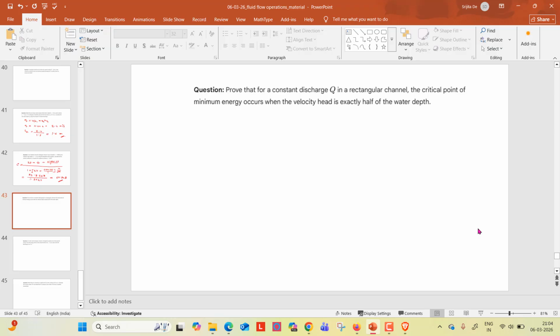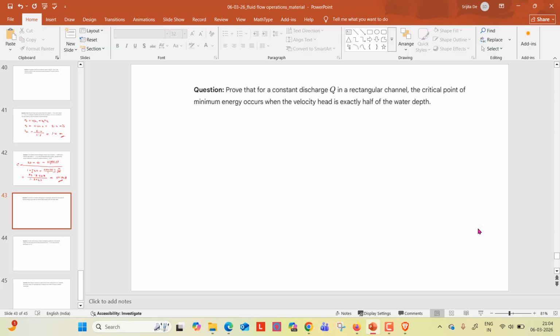So prove that for a constant discharge Q in a rectangular channel, the critical point of minimum energy occurs when the velocity head is exactly half of the water depth. So the derivation is important.